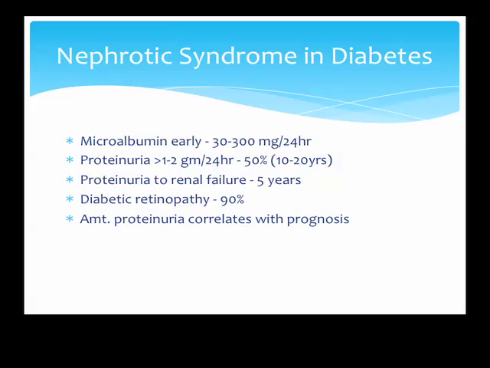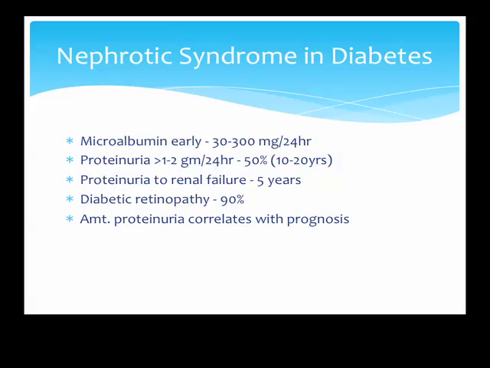Therefore, currently, patients with diabetes, particularly type 1 diabetes, are being followed very carefully for the development of microalbuminuria, because we know that if they develop microalbuminuria and their diabetes is not brought under better control, they will develop end-stage diabetic glomerulopathy. However, there is some evidence that if these patients are kept under very, very careful diabetic control, the microalbuminuria will go away and the development of end-stage renal disease can be prevented in some patients.